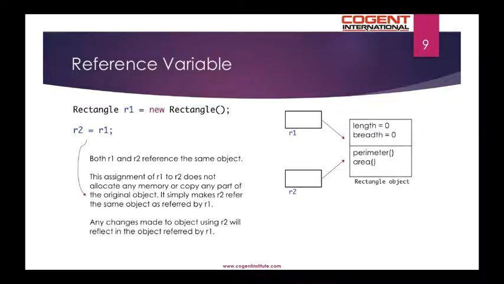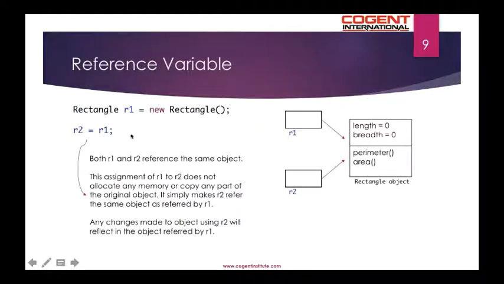Continuing on the reference variables, we have Rectangle R1 is equal to new Rectangle. Here R1 is assigned the memory address location of the object Rectangle created. Now we have R2, which is of type Rectangle, and R1 is assigned to R2.